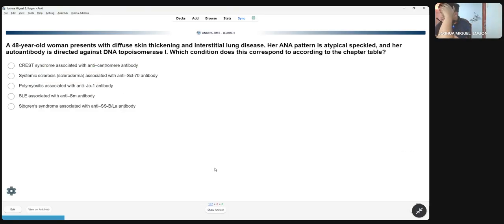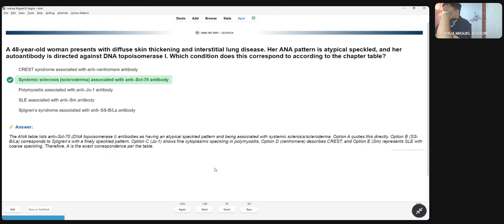Fibroblasts. Great. Atypical speckled is directed against DNA. I know this. DNA topoisomerase 1. Yeah, SSC. Yeah, found it. I knew it. There you are.